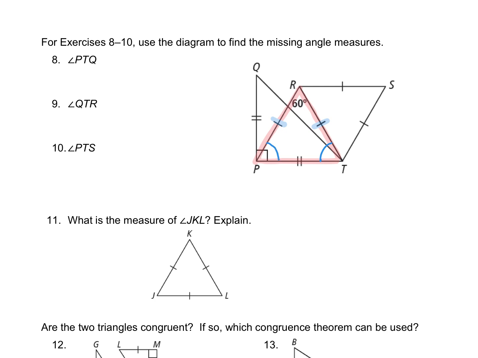Because we know that 60-degree angle, we can find these missing angles. We can say 180 minus the 60 degrees that we know, which is 120. So I have 120 degrees left for this angle and this angle. And then I'm going to divide that by 2.